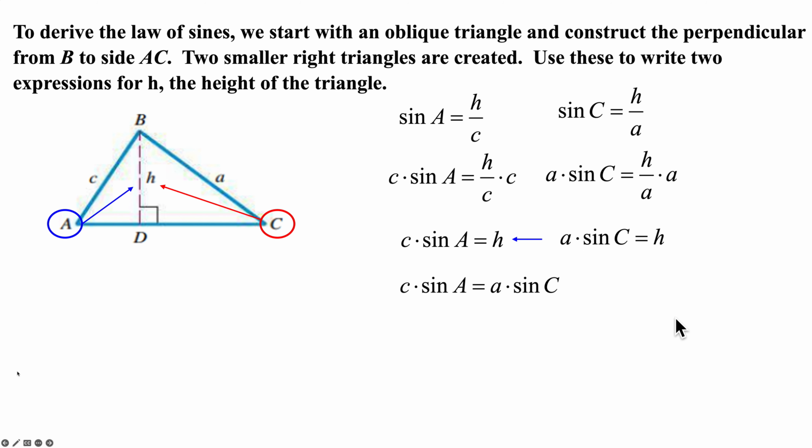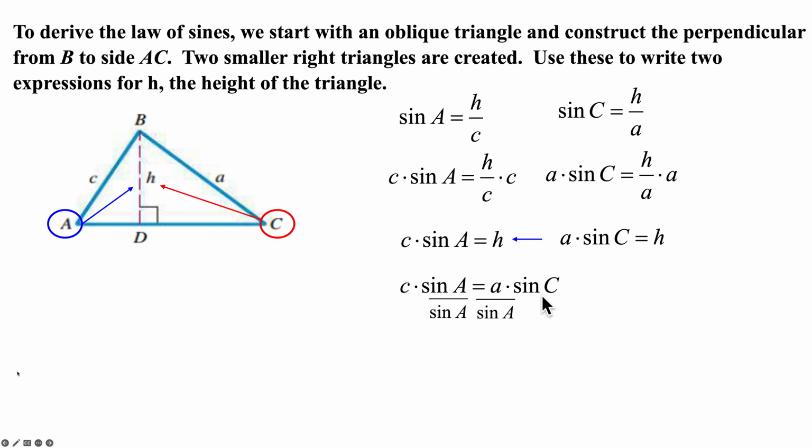So what does this give for me? Well, actually, it's tough to see, but this is one of our properties of proportions. This is technically a proportion written out as the cross product. So let's turn it back into a fraction. So here's what we're going to do. I'm going to take sine of A and divide it to both sides to get this C by itself.